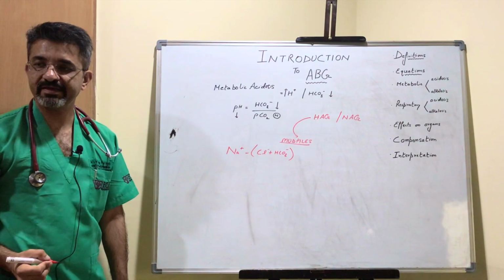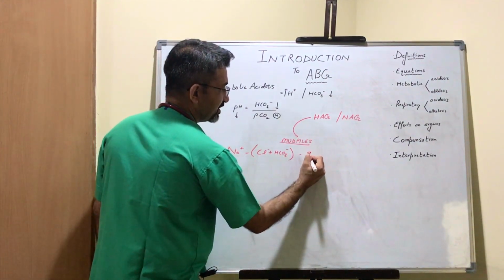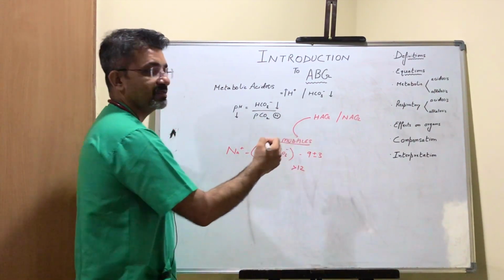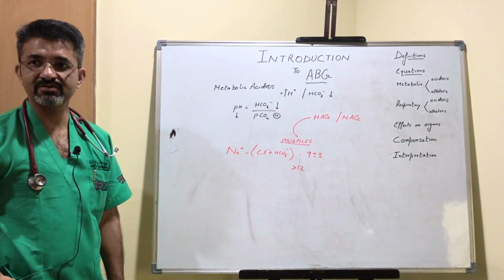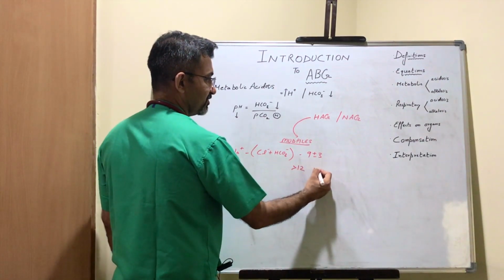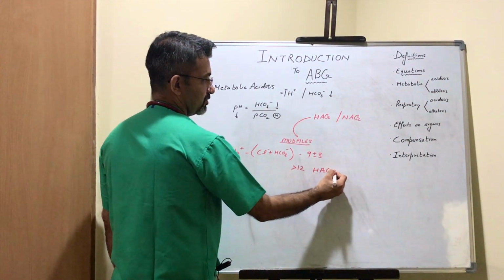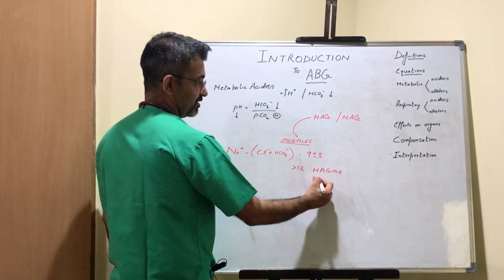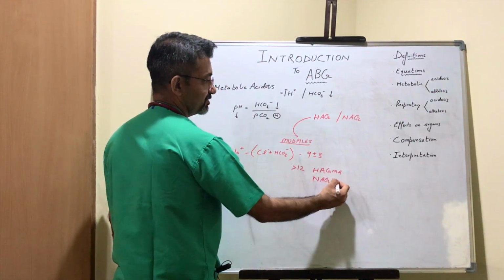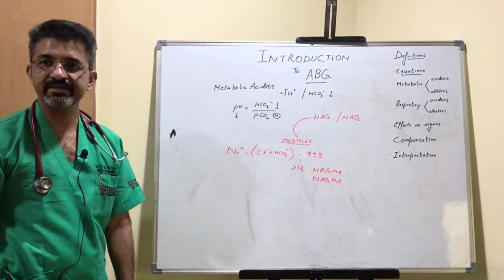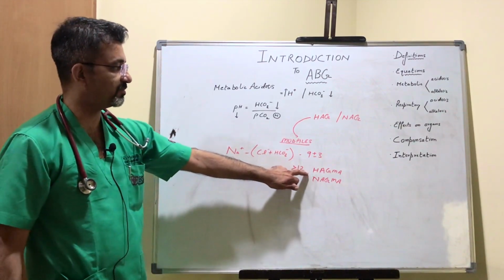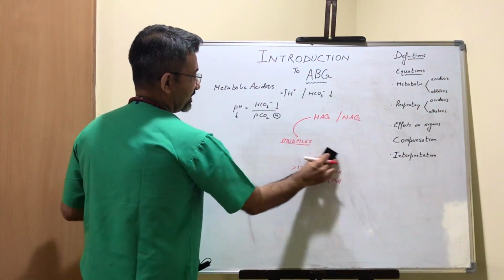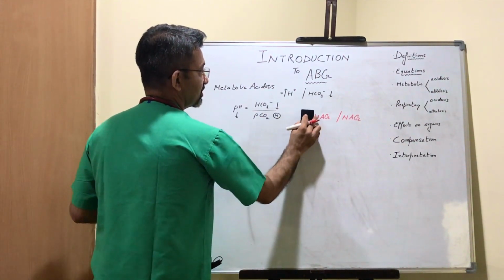So this is my anion gap. The normal anion gap is 9 plus or minus 3. So anything above 12 is high anion gap metabolic acidosis or HAGMA. Anything below or equal to 12 is NAGMA, normal anion gap metabolic acidosis. Examples for HAGMA is MUDPILES.